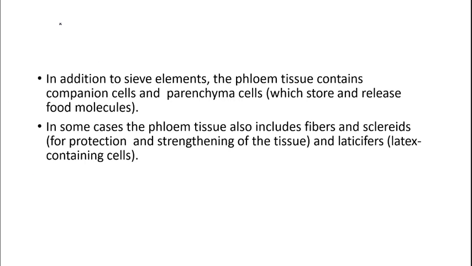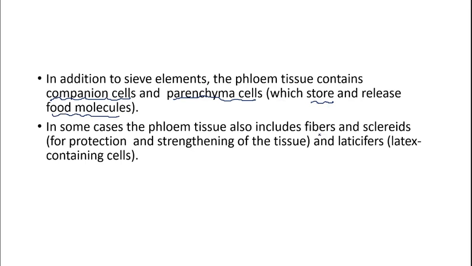Now, I told you that phloem has several tissues. They include sieve tubes, sieve cells, companion cells, parenchyma cells and phloem fibers. The role of the companion cell is vital in translocation; we will study that. The role of parenchyma cells is to store and release food molecules.